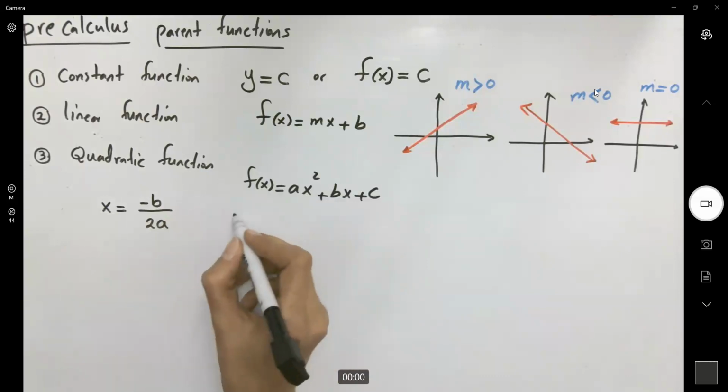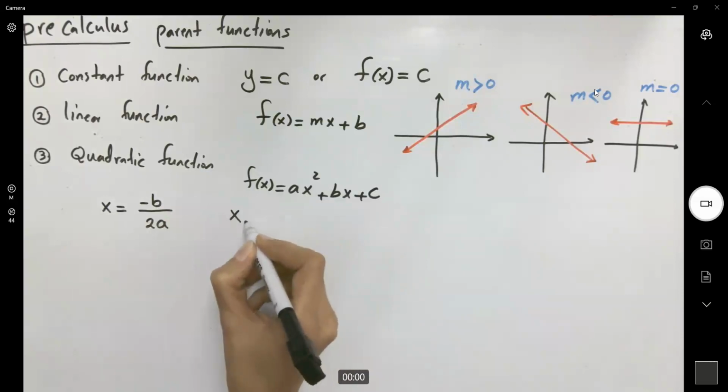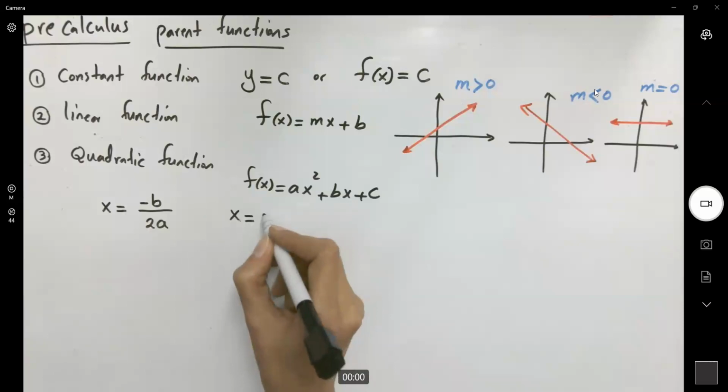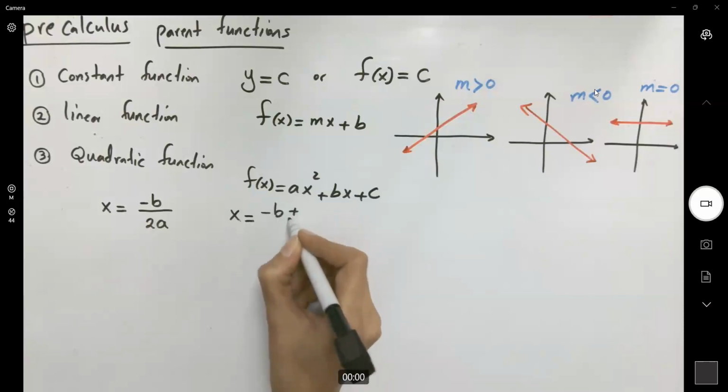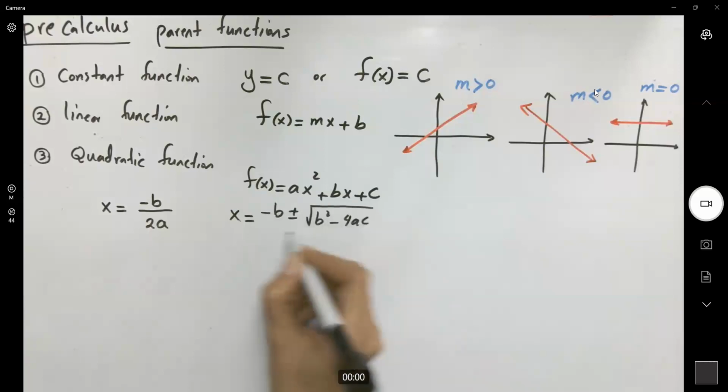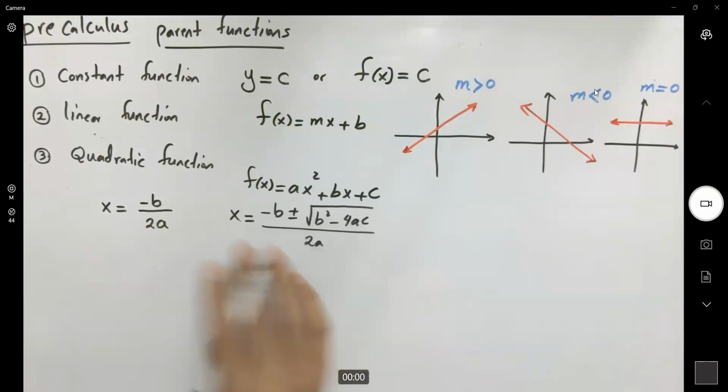We also learned that to solve this quadratic equation, to find zeros, we have x equals negative b plus or minus the square root of b squared minus 4ac, divided by 2a.